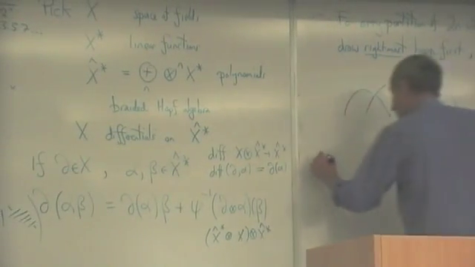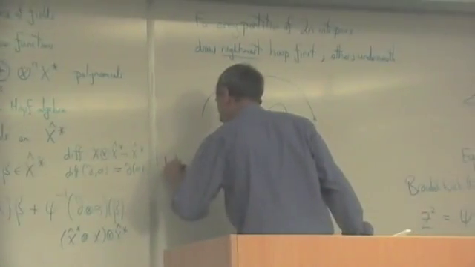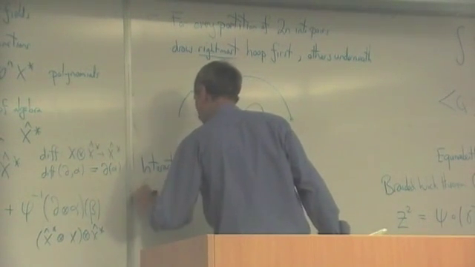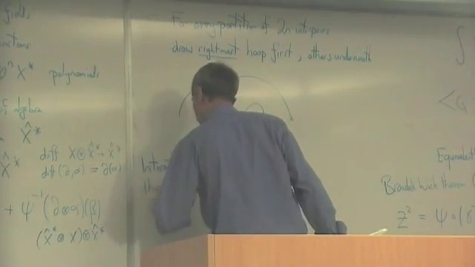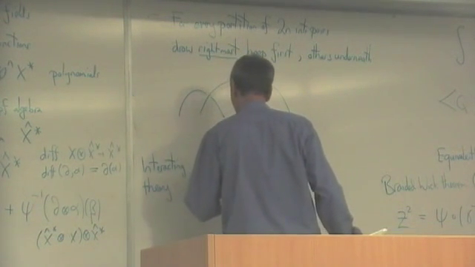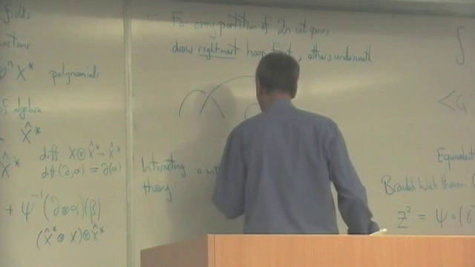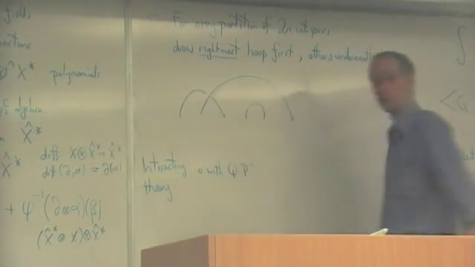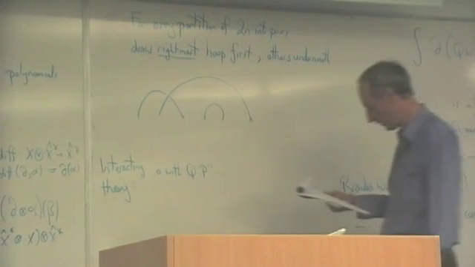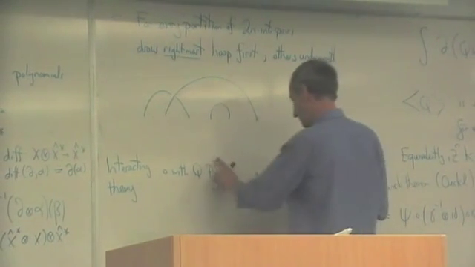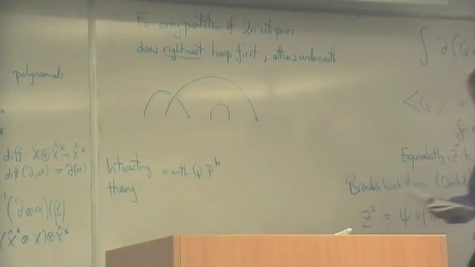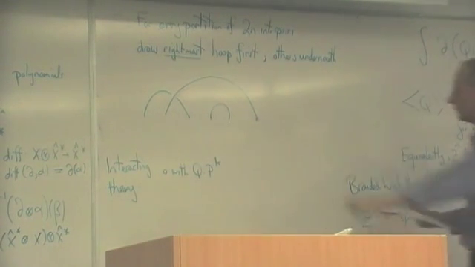Okay, now if we want to do the interacting theory, we compose with the Gaussian integration in the interacting theory. There's a number of these things here.